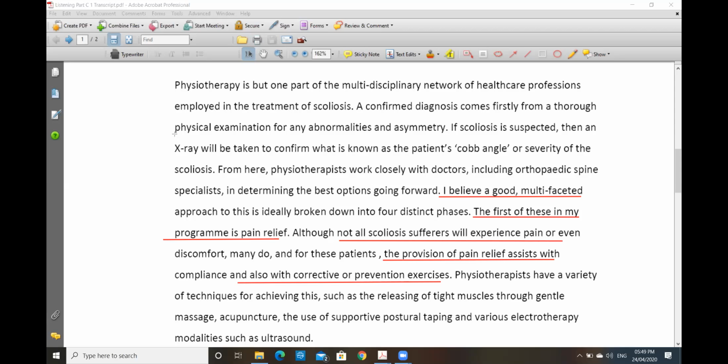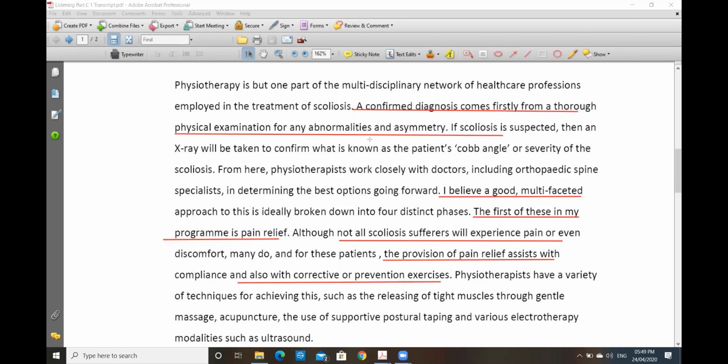They did talk about some physical examination, but that was to confirm diagnosis, not once it is confirmed. Once it is confirmed, what is to be done is to deal with the pain.